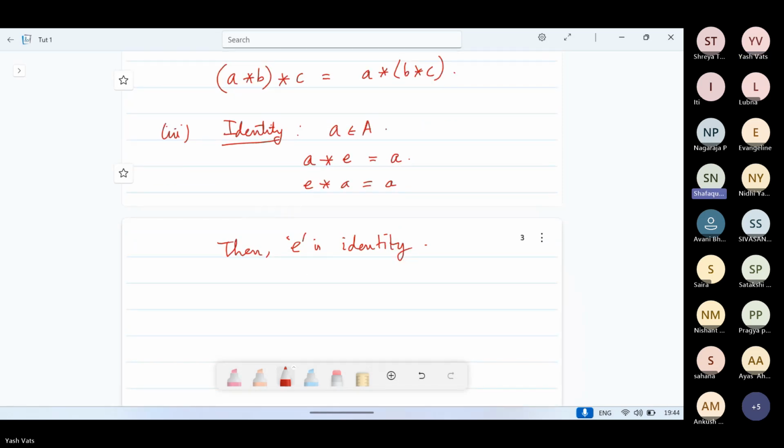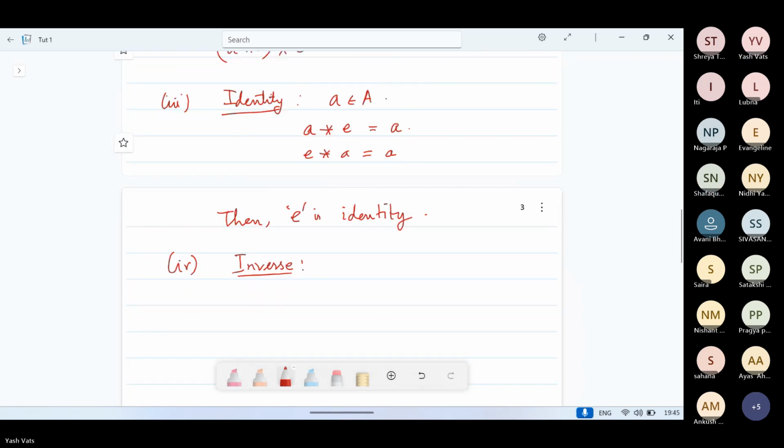And the fourth one is the inverse. So what is an inverse?